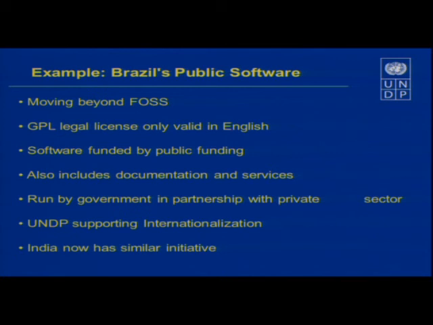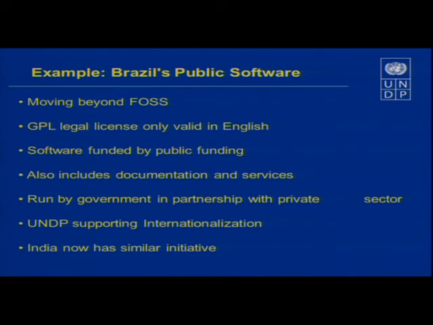But they hit a snag. And this is something that we discovered in 1996, that the GPL, the famous license, is only applicable in English. So you cannot translate it into Arabic. Because you will be told by the FSF that it's illegal if it's not in English. Okay? There's no translation of the GPL into any language.